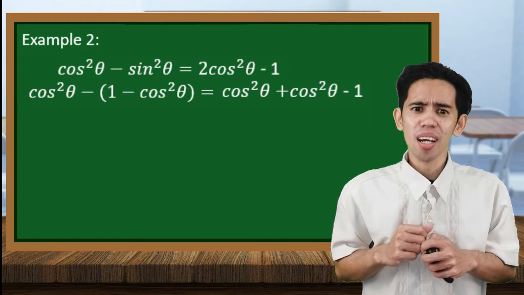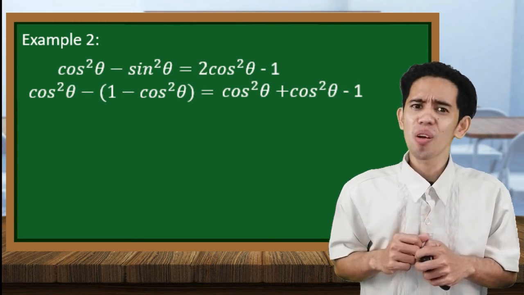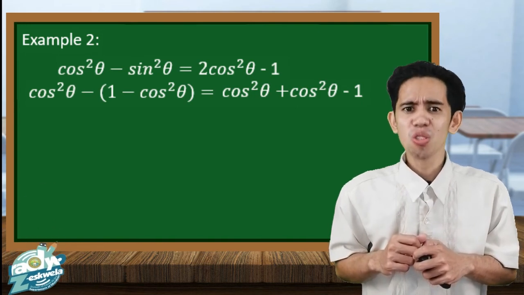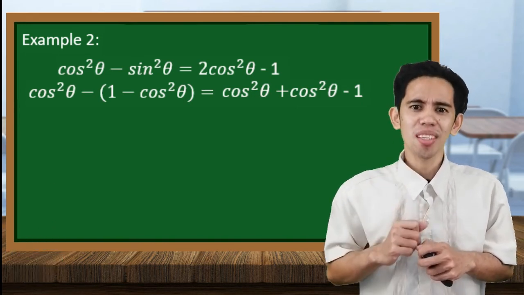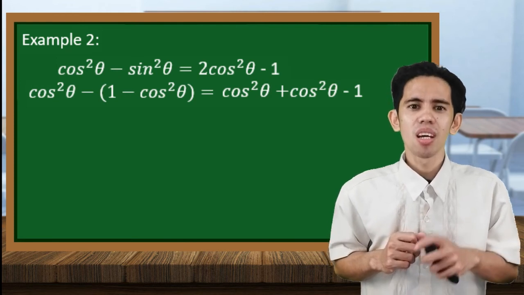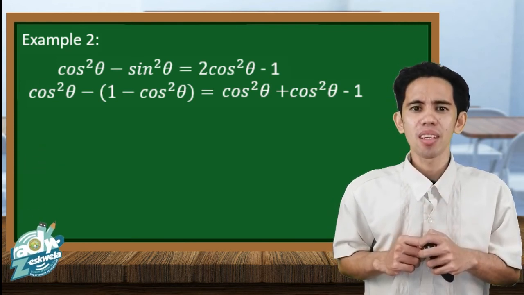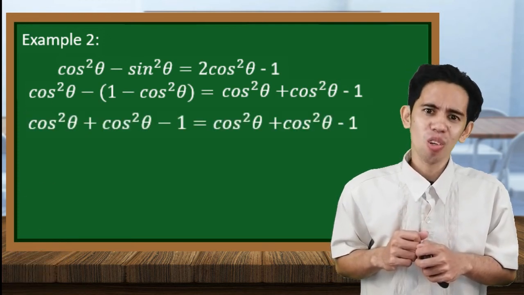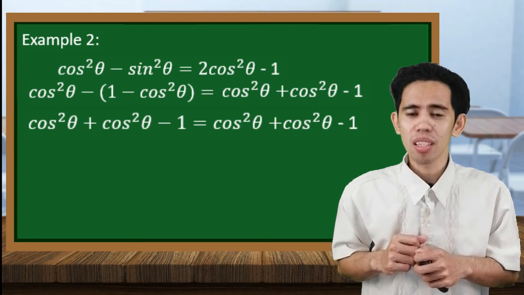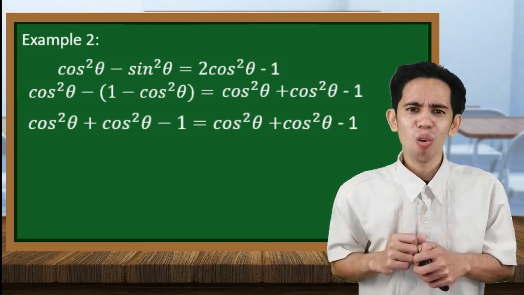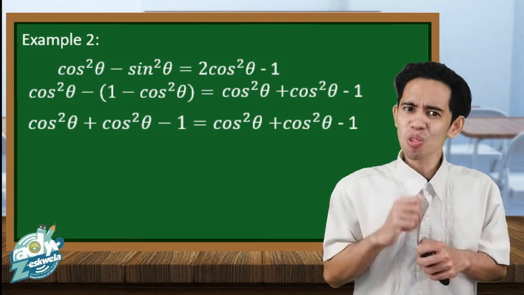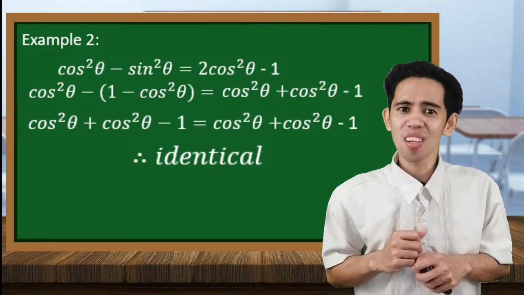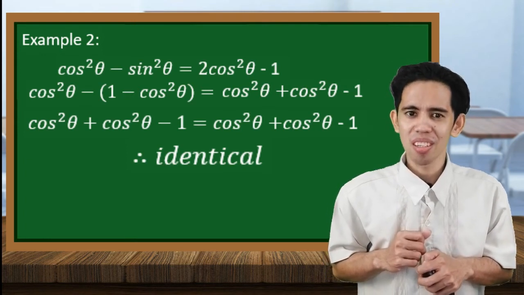Then cos squared theta minus quantity 1 minus cos squared theta is equal to cos squared theta plus cos squared theta minus 1. Simplify, and we come up with cos squared theta plus cos squared theta minus 1, that is equal to cos squared theta plus cos squared theta minus 1. Then, they are identical or an identity equation.